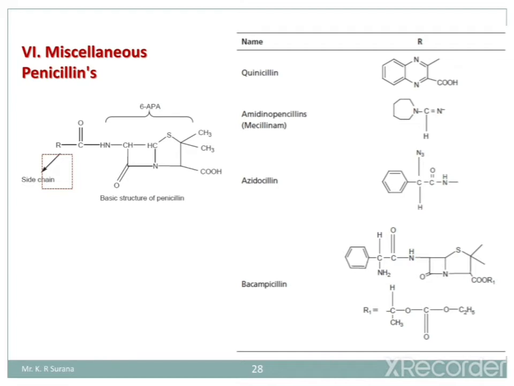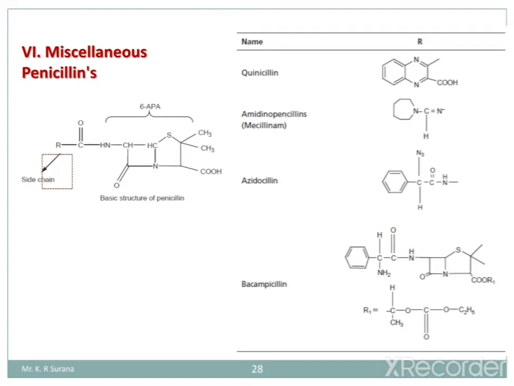Then the next example is amidinopenicillin, also called mecillinam. This particular 7-member ring we have to substitute. Then azidocillin, this particular substituent, and bacampicillin. So these are different examples of miscellaneous penicillins.